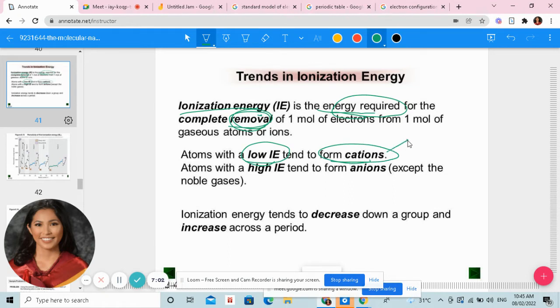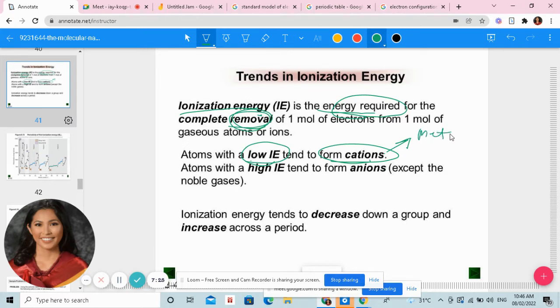Who are these atoms? Low IE tend to form cations, which are positive ions. They are the metals.